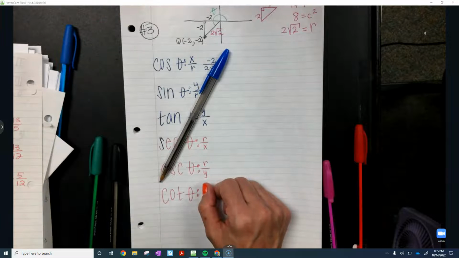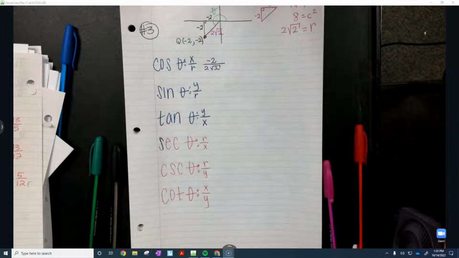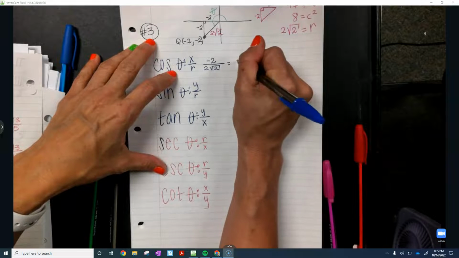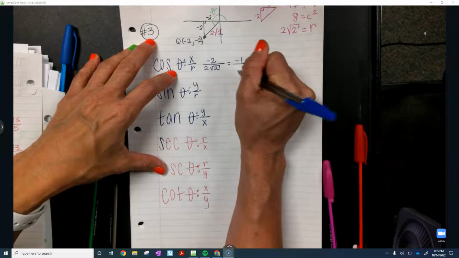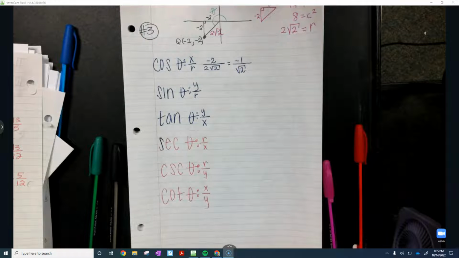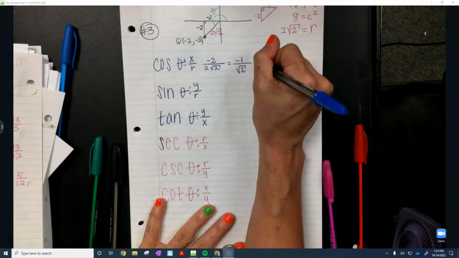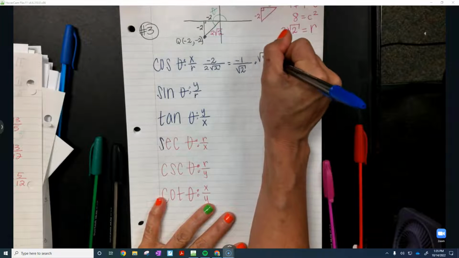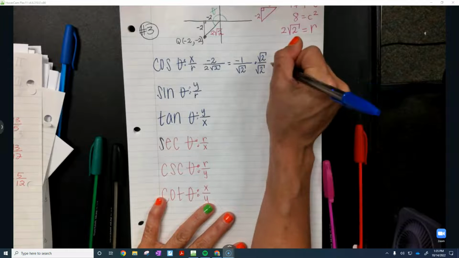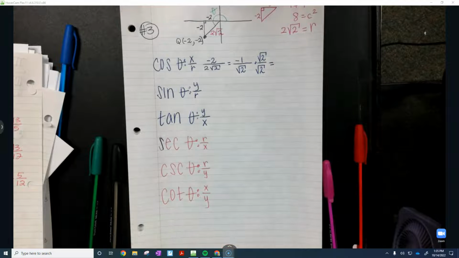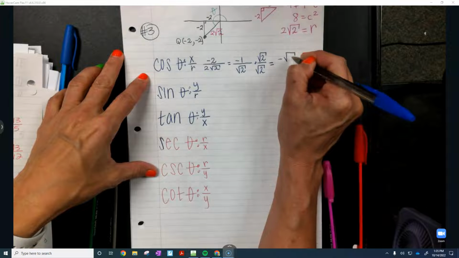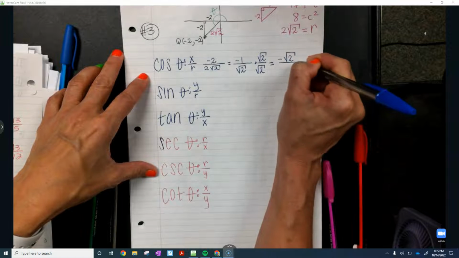If you have a 2 on the top and the 2 on the bottom and there's no plus or minus sign, they cancel out. So this turns into -1 over root 2. Now vanquish your demon. Multiply the top and the bottom by root 2. So cosine of theta, guys, is negative root 2 over what? Yes, very good.